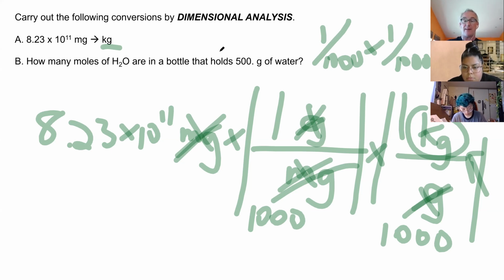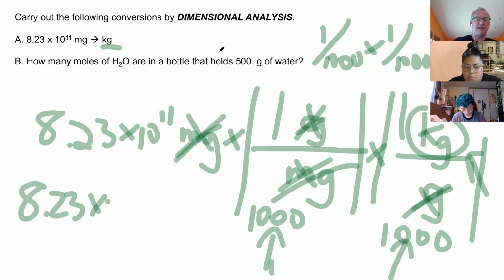As long as I didn't screw up putting these in, my 1 in 1,000 or 10 to the minus 3, and I'm left with kilograms, I know I've done the problem correctly.